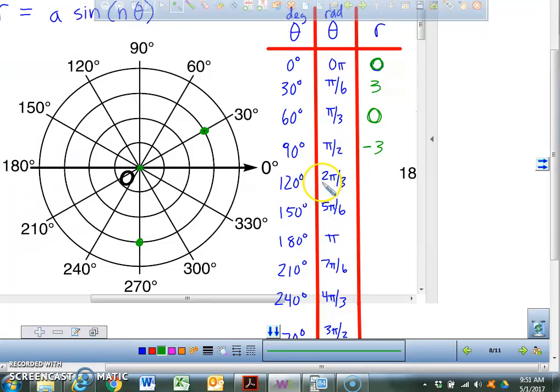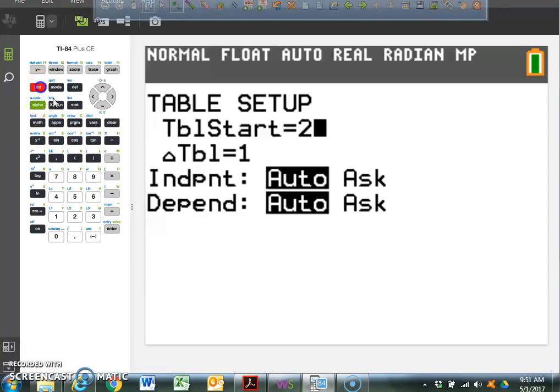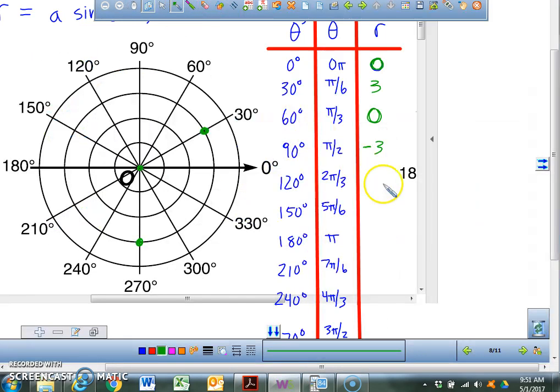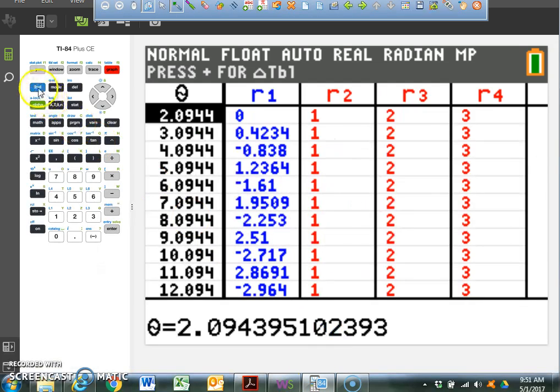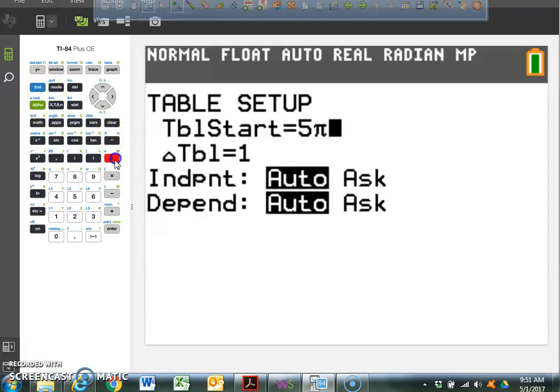All right, now we're going to go to 120 degrees, which is 2 pi over 3. So I'm going to hit second window, 2 pi divided by 3. Check the table. We're back at 0. So we go right over here, putting 0. Now we're going to go to 150 degrees, which is 5 pi over 6. Second window, 5 pi divided by 6.